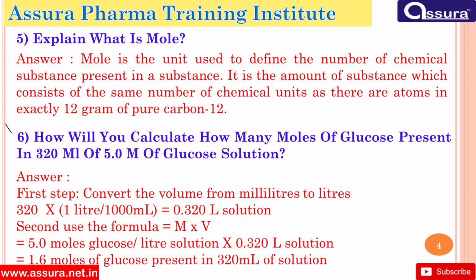Second, use the formula M times V. 0.5 moles of glucose per liter times 0.320 liter equals 0.16 moles of glucose present in 320 ml of solution.